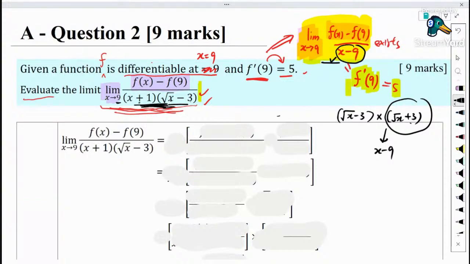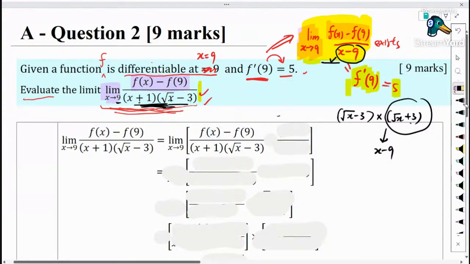Of course, I cannot just suddenly multiply the square root of x plus 3, but instead I can multiply in this way. I multiply the function (f(x) minus f(9)) over (x plus 1) times the square root of x minus 3, by the square root of x plus 3 on top and bottom. And why can we suddenly multiply these terms and yet our calculation is still valid?